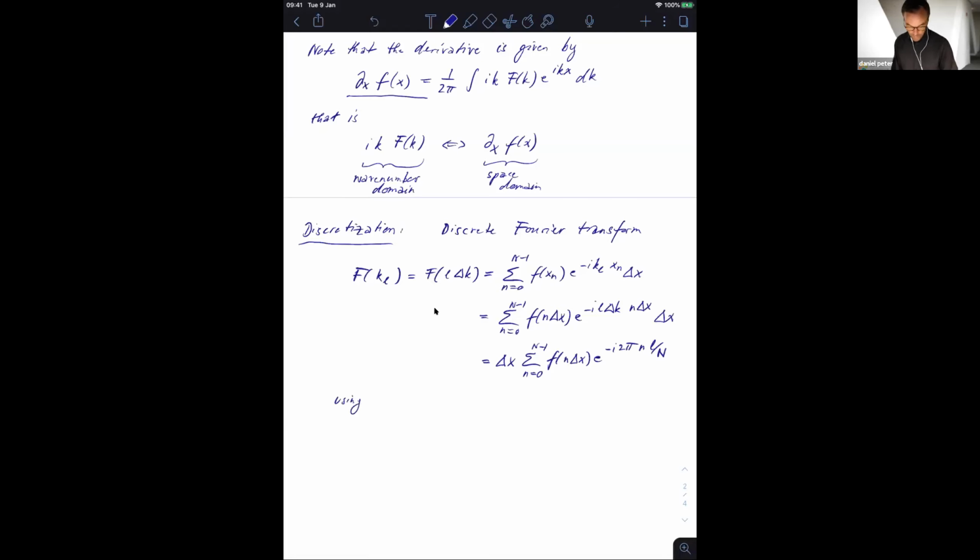So we had x_n is n times the spatial increment delta x. The discrete wave number k_l is l times the wave number increment delta k. And these indices n go from 0 to N minus 1, and l the same, to N minus 1.